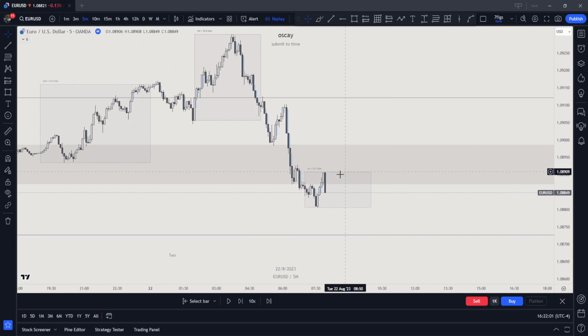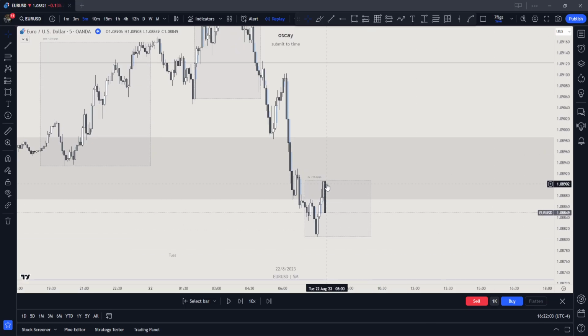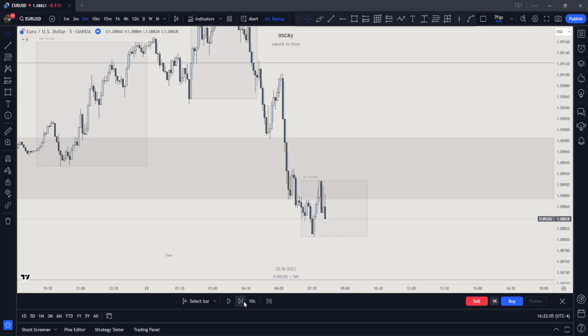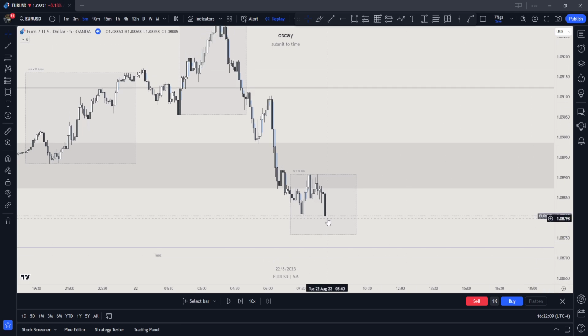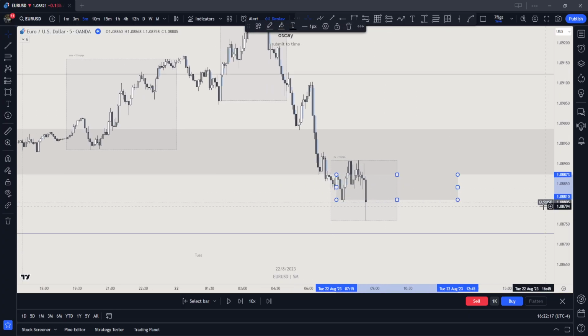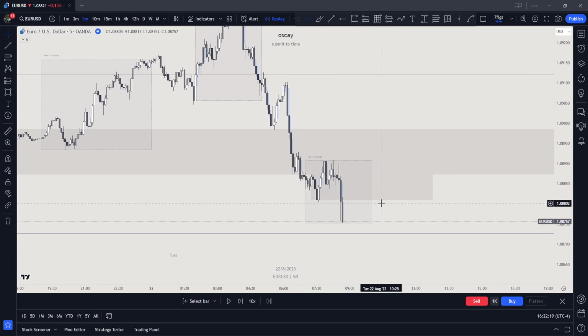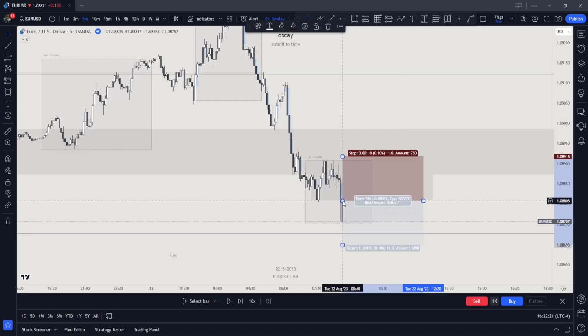This is a H1 breaker, New York continuation, 8 a.m. 8:35. What happens there? With 10 a.m. news, this will be the breaker if we close below it. We did. Limit right here.